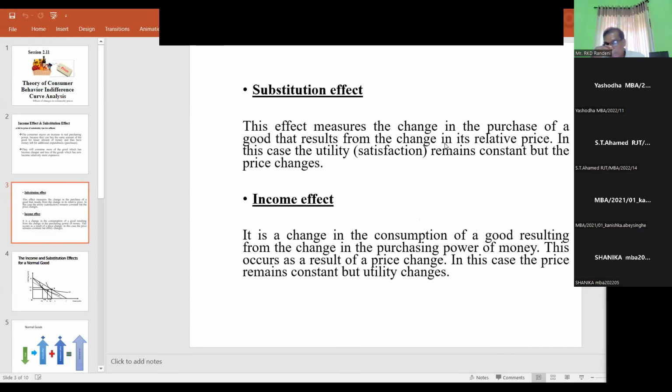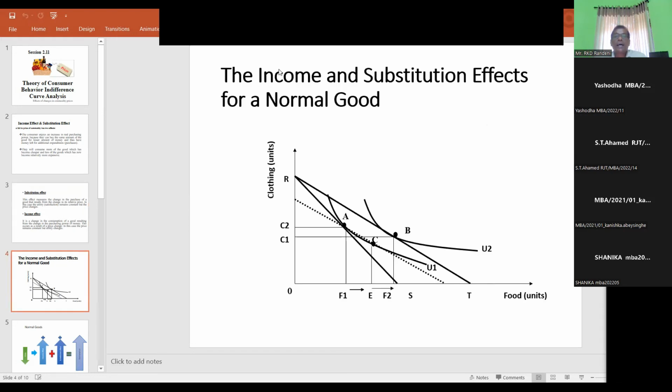Income effect and substitution effect, all in the price of the commodity, right? Now, according to the indifference curve and utility theory, there are so many applications. Here also, using indifference curve analysis, we can explain many economic concepts. We are considering very small things. Then how to separate and measure the substitution effect and income effect.